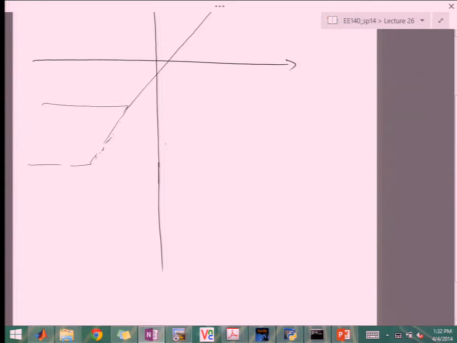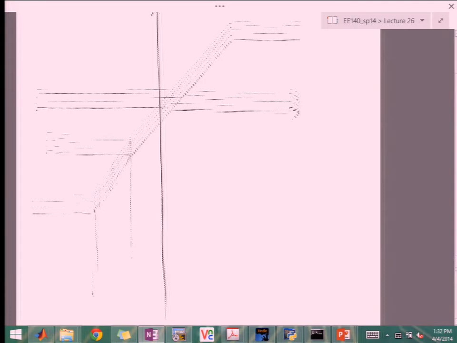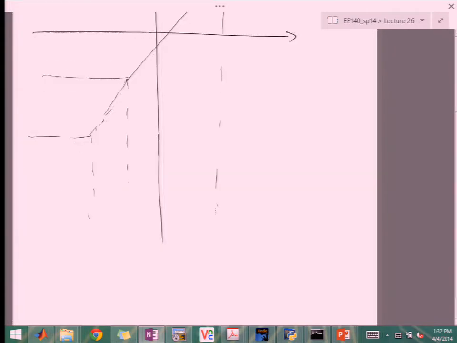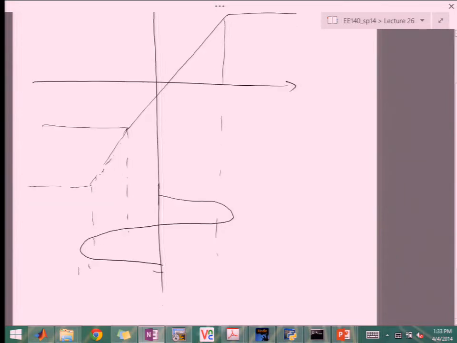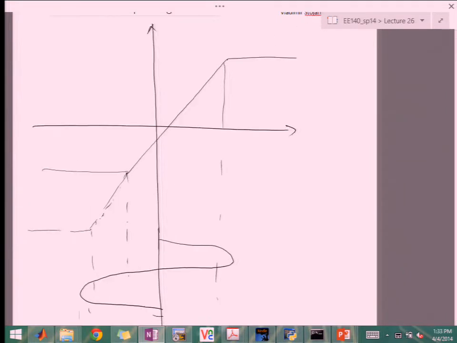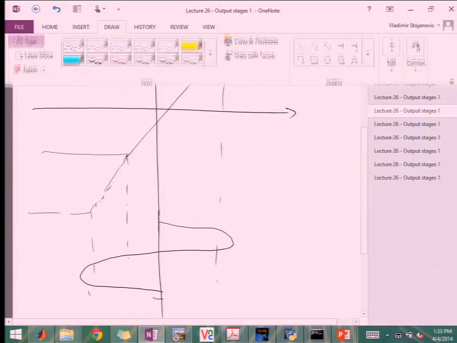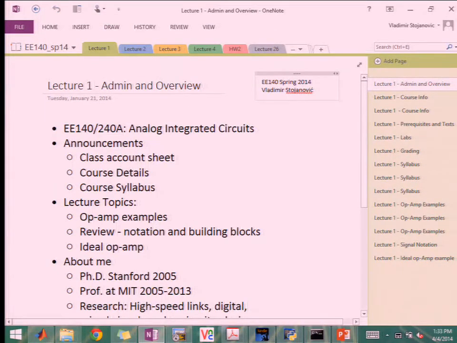If you put a sine wave here that has an amplitude that's larger than this, let's say we put something that looks like this, then in one case we're going to get just clipping from the top.